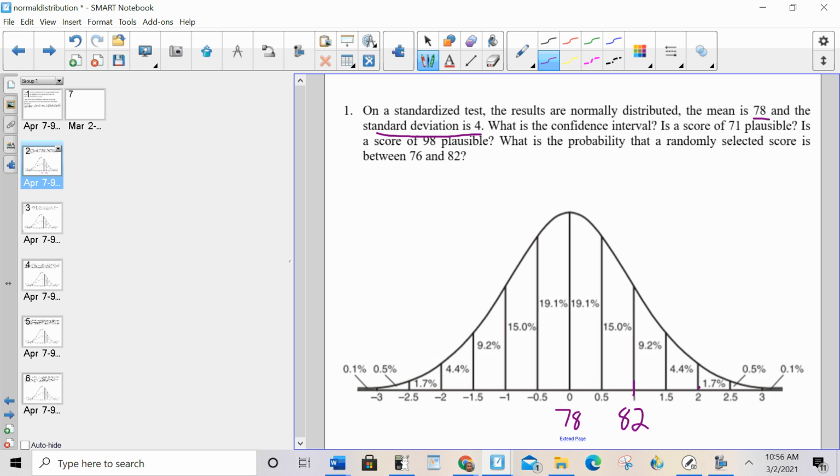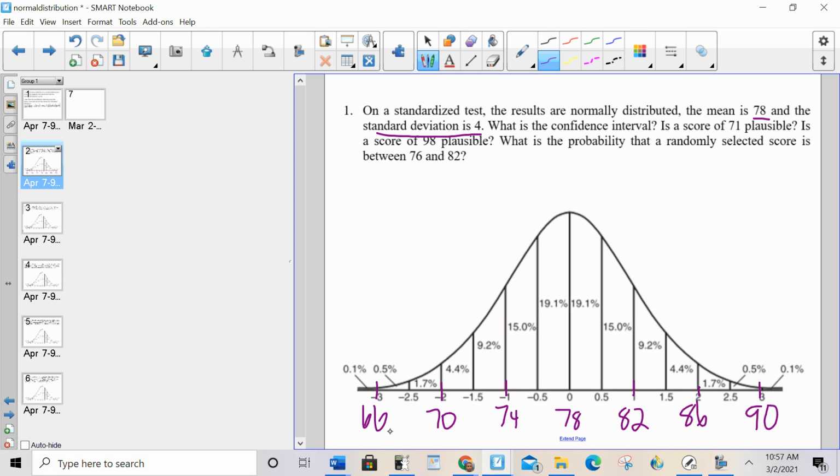To get to another standard deviation, I'm going to add 4 more, 86. To get another standard deviation, I'm going to add 4 more and get 90. If I want 1 standard deviation below, I'm going to subtract 4 from 78. I'm going to subtract 4. I'm going to subtract 4.